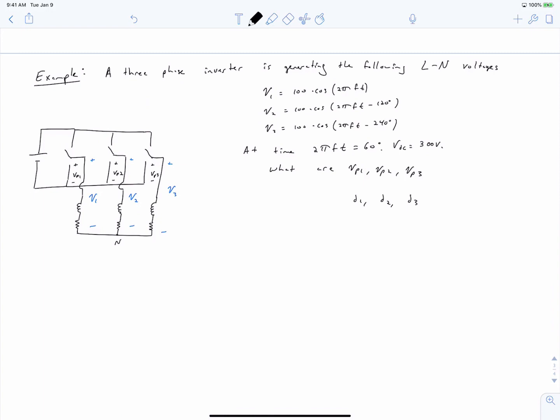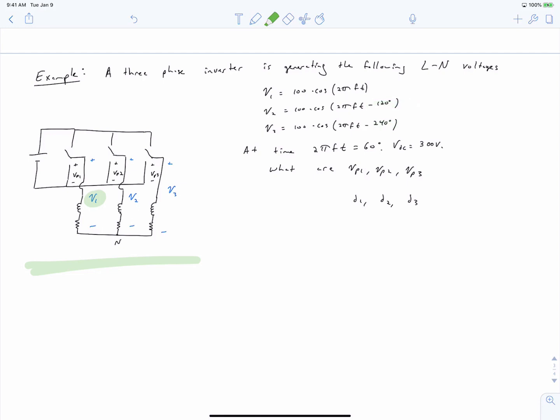Next, consider that a 3-phase inverter is generating the following line to neutral voltages. So we've sketched our inverter over here, and V1, the line to neutral value of V1, is 100 times the cosine of 2 pi ft. And V2 and V3 have the same magnitude but are phase shifted by 120 degrees.